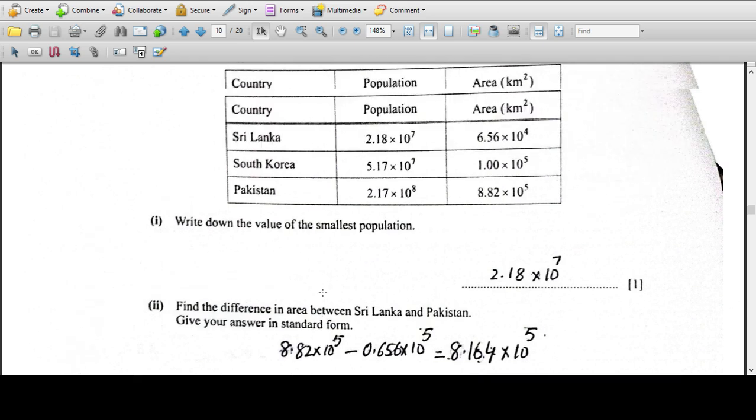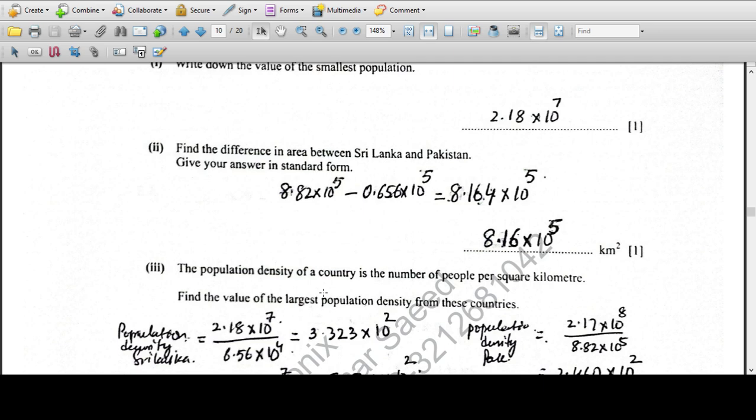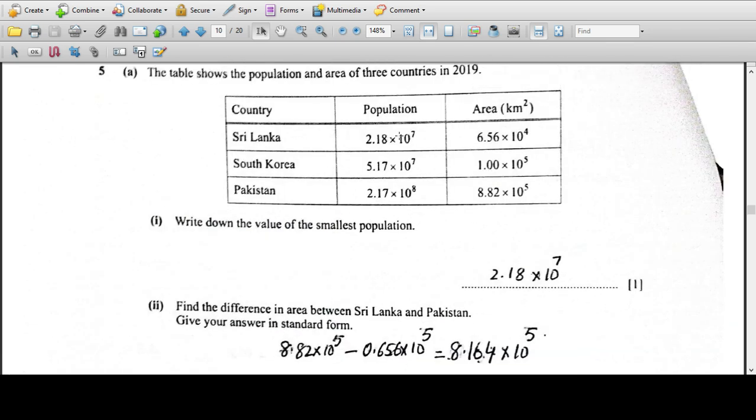This is part 2, and in part 3, the population density of each country in number of people per square kilometer. The population density of Sri Lanka: this is the population and this is the area.